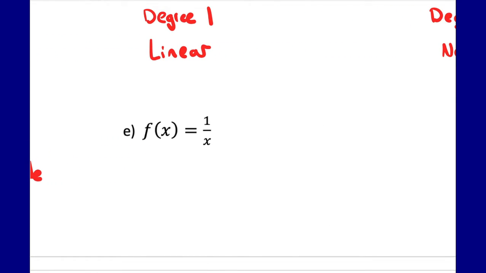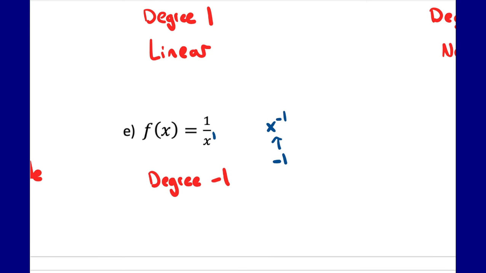Last one, f of x equals 1 over x. Right now the x has an exponent of 1, but if we remember back to grade 9 and grade 10, when we look at power laws, to get 1 over x to the power of 1, we had to have x to the power of negative 1. So that means the degree, or the value, is negative 1.